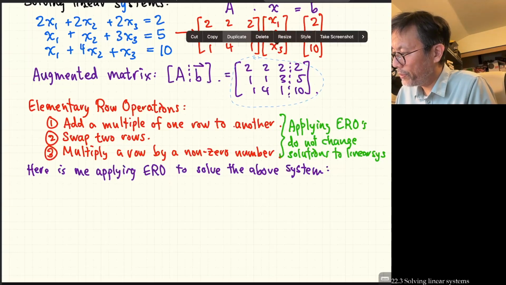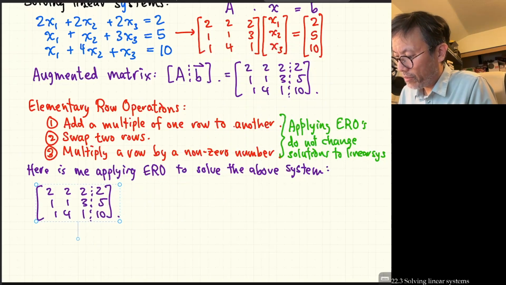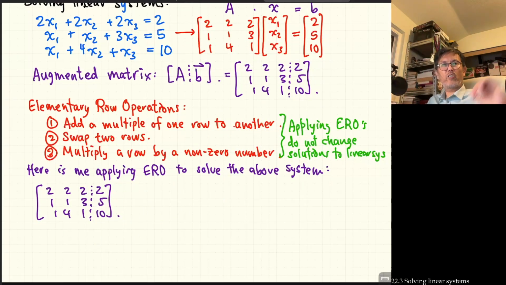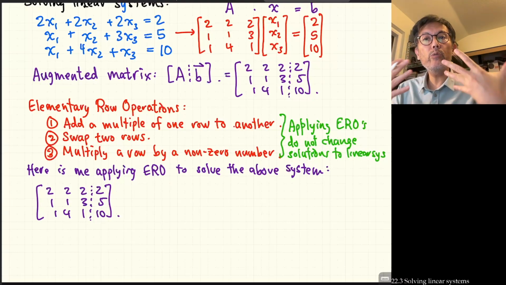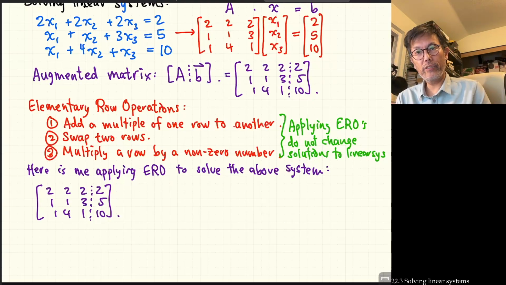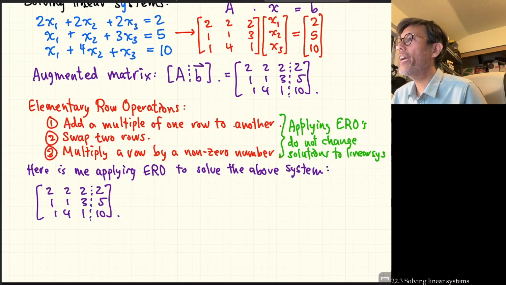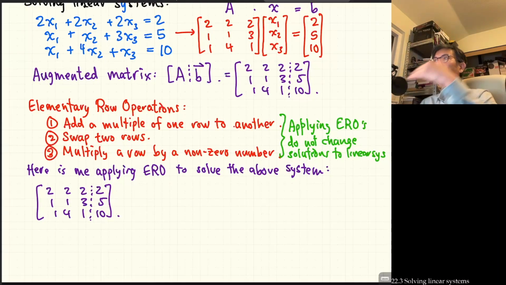I'm going to make a duplicate and move it down here. Okay, that's my starting point, the augmented matrix. Now I'm going to use elementary row operations to transform this matrix and get it into a state where I can easily read off the solution to the linear system.